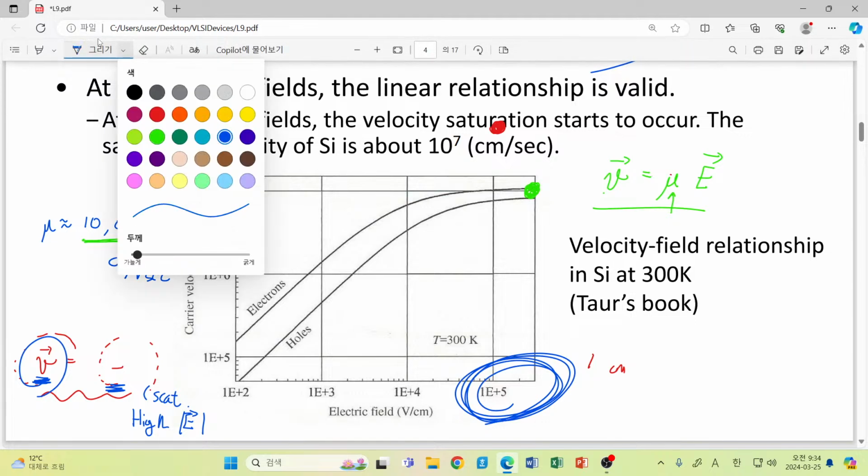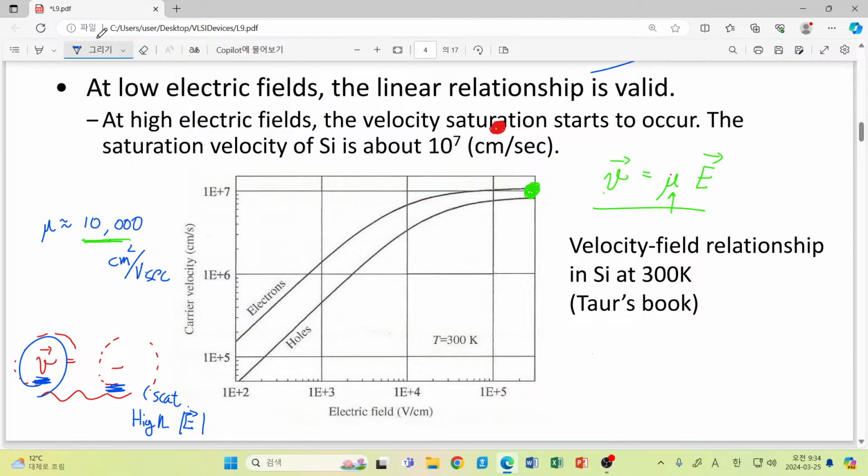So people were so clever. Instead of assuming this global constant mobility, they just introduced some phenomenological form like this, just to consider velocity divided by applied electric field. That is nothing related with mobility in reality.